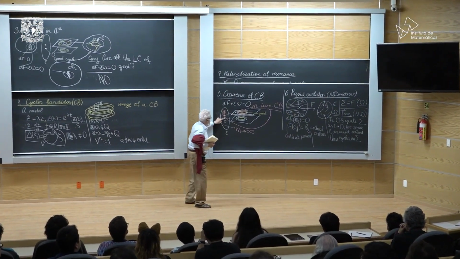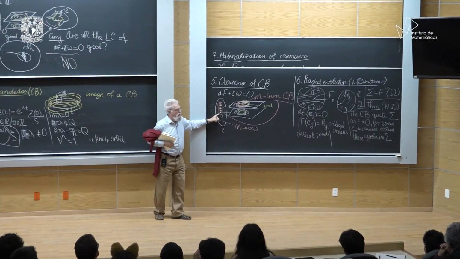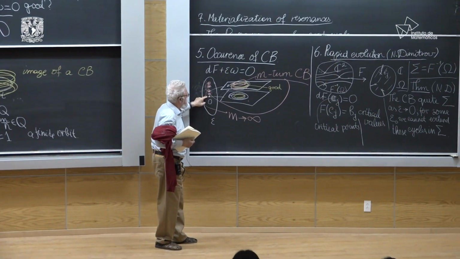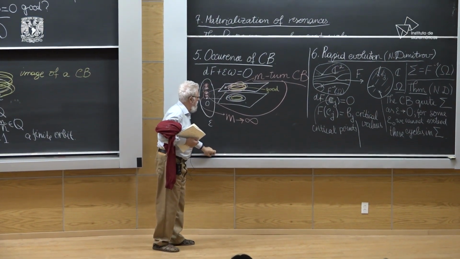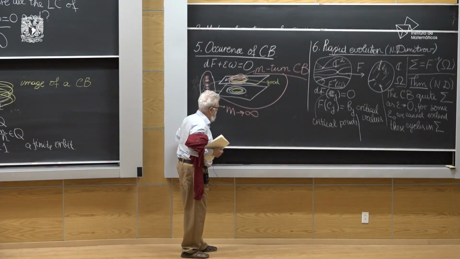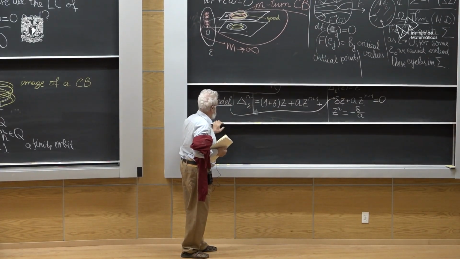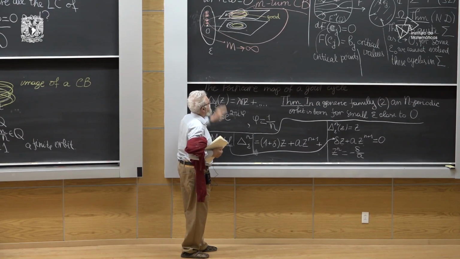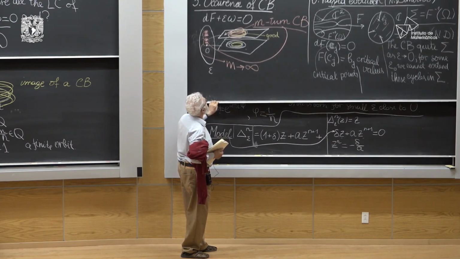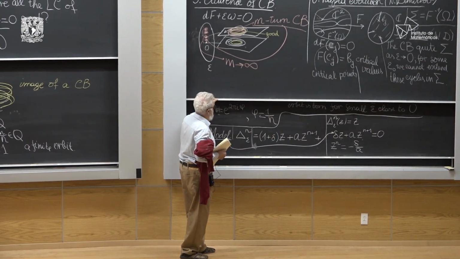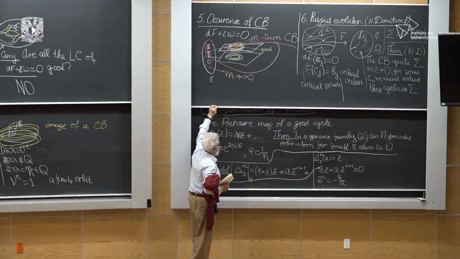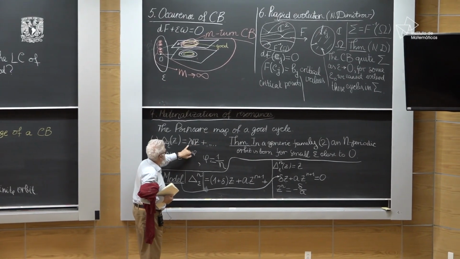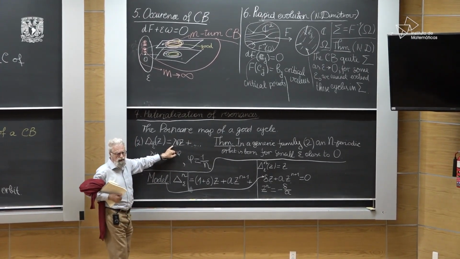Would you like me to comment on this picture? Yes, please. So these parameter values correspond to good cycles. Good cycles have the Poincaré map. Let me see, where is the formula for the Poincaré map? Here it is. And this lambda of epsilon tends to 1.